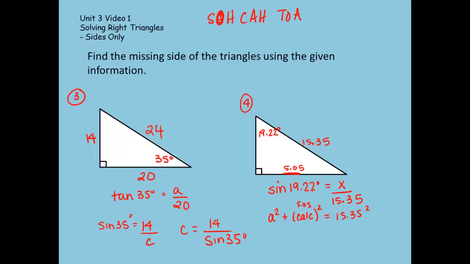The reason I want to use the calculator number is I've rounded, and if I just use the rounded answer, then I'm creating a rounding error within my problem. So I'm going to square the answer. Now I'm going to take 15.35 squared and subtract that. And then I'm going to take the square root. So that leaves me with, rounded to 2 decimal places, 14.49. All right, good job.